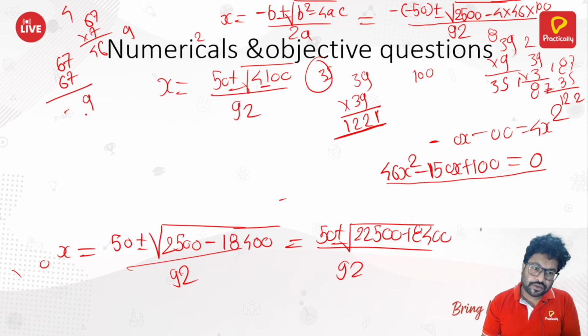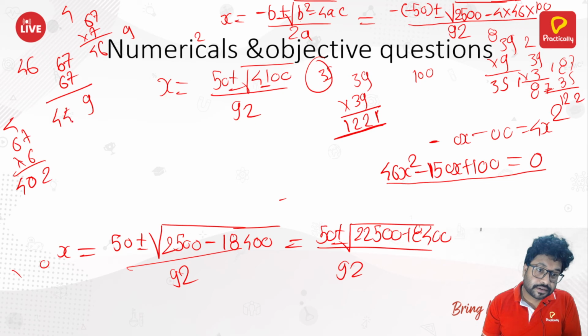So 9 here, 46. 67 into 6 again. 6 sevens are 42, you got 2, 4 there. 6 sixes are 36. 36 plus 4, 402. 402 plus 46, 448. So 4489 again. So 65 maybe, or 63 maybe.